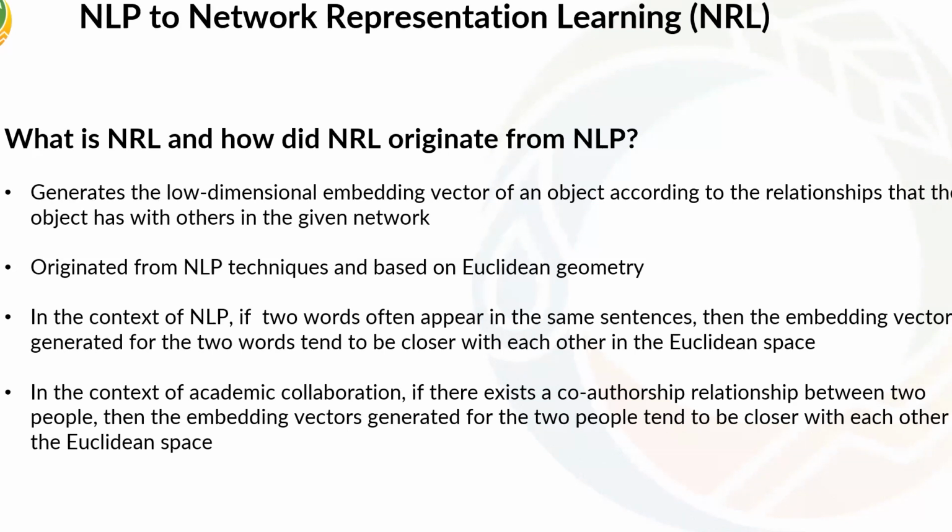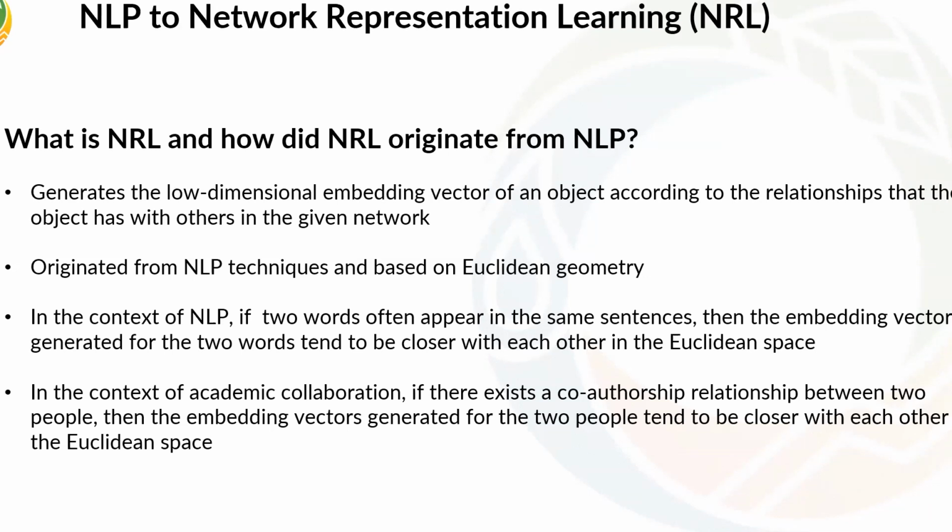For network embedding, we are generating the embedding vectors of the object given the relationships it has with other objects in the network. But in natural language processing, we're generating the embedding vectors of words given the word's relationship with other words, whether they appear in the same sentence or the same document. So there are some shared ideas between these two research areas.